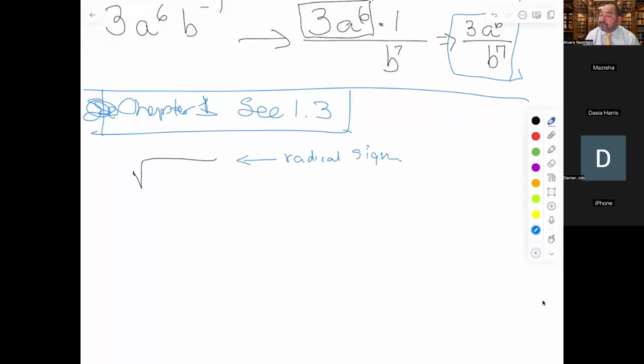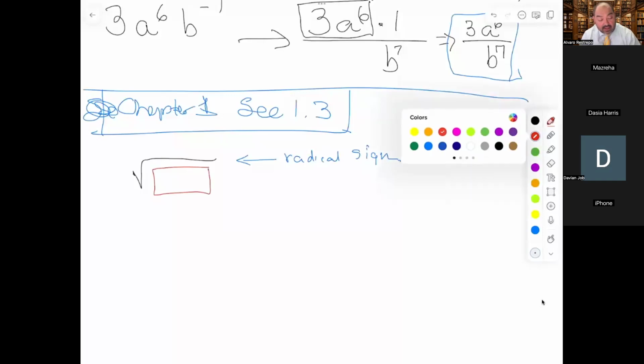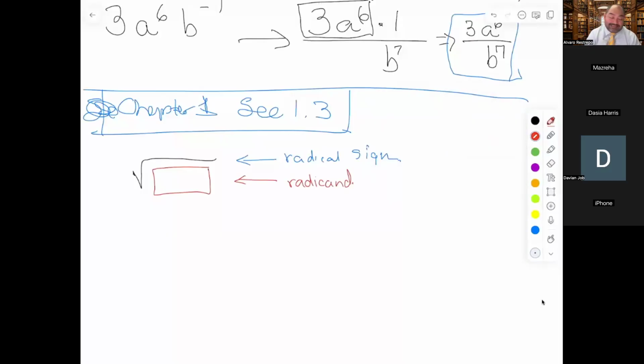Next, inside the radical sign is called the radicand. Okay. Next, the book doesn't get into this, but I want you to know this. This is called the index.